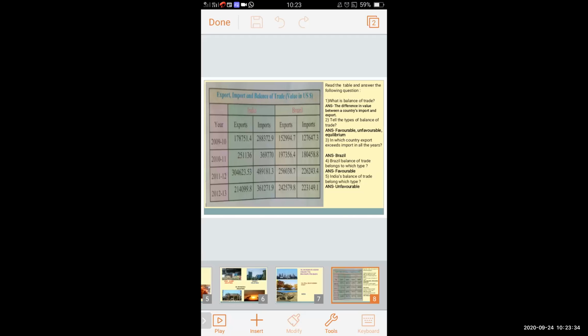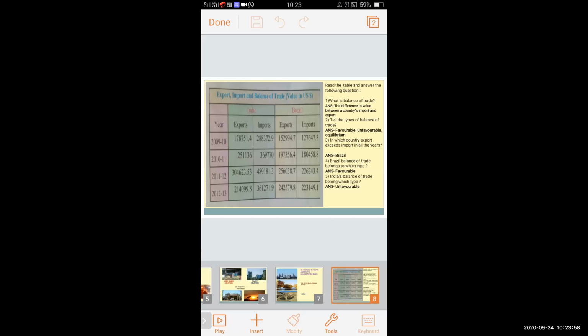So these are the answers to all the questions we have seen from the table. From that we have learned the status of the import and export of goods of India and Brazil. The value in this table is given in US dollars.